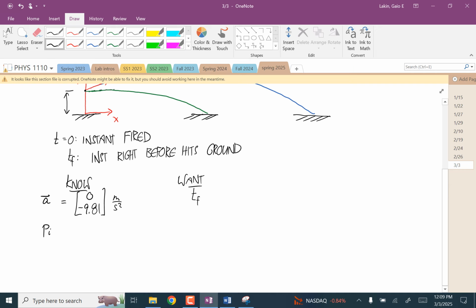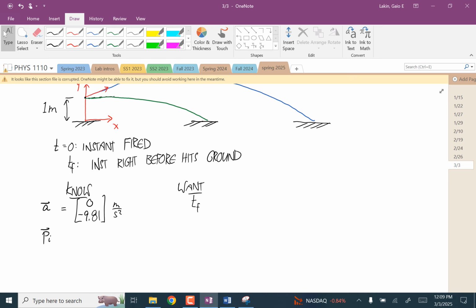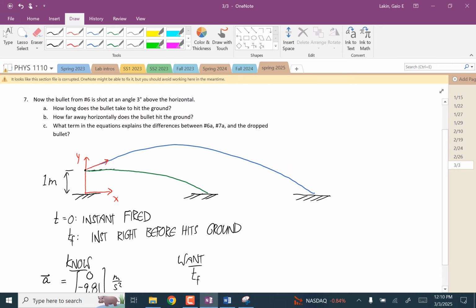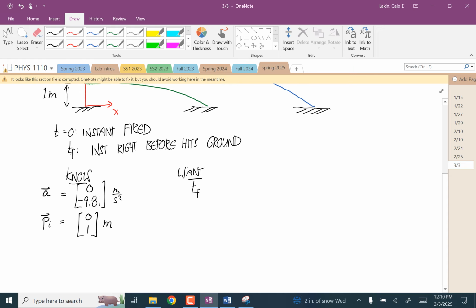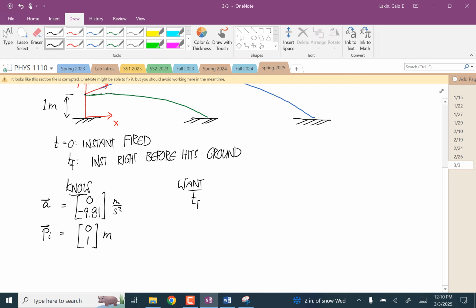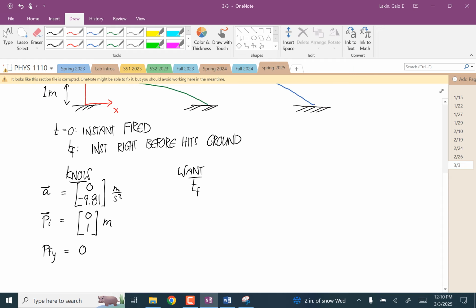Pi, so it starts out at a height of 1 meter, and so pi is equal to 0, 1. PF, do we know anything about PF? Well, we know that it's going to be on the ground, so PFY is equal to 0. We're going to try to find PFX for part B.